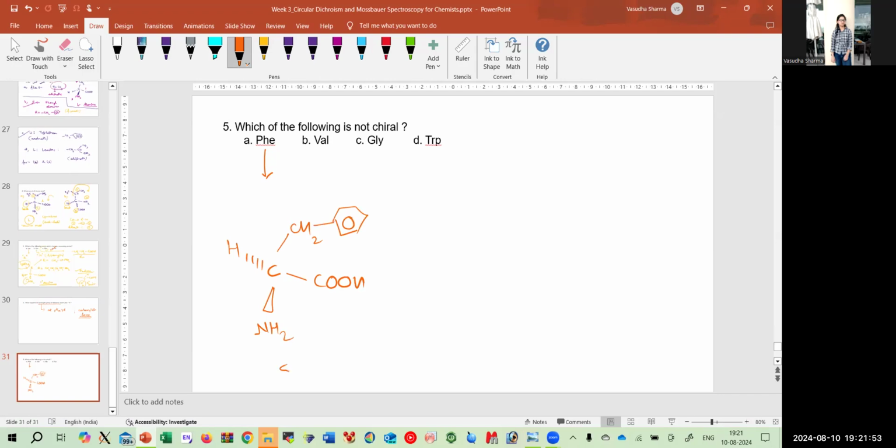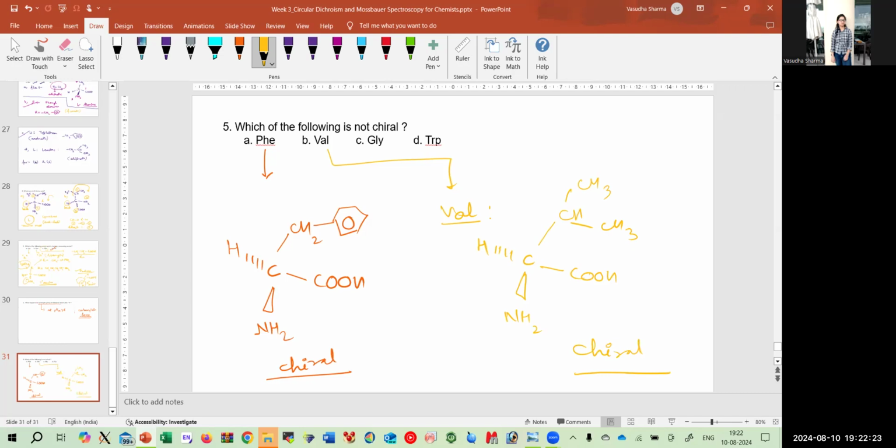So this is chiral. All atoms are different. Then in case of valine, we have H, C, NH2, COOH, CH, CH3, and CH3. So this is also chiral because all groups are different.